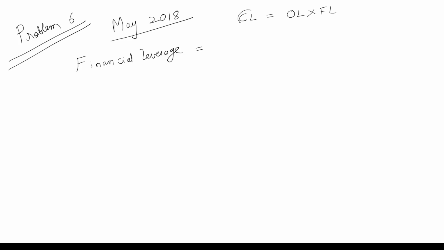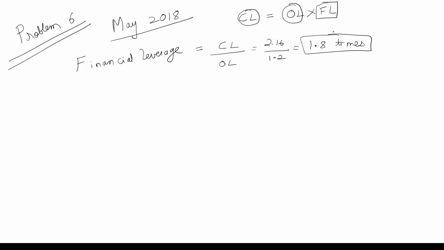So if I know my combined leverage and I also know my operating leverage, obviously I can reverse work and calculate financial leverage, which is what we are going to do here, because we know the combined leverage is 2.16 times and the operating leverage is 1.2 times. So let me reverse work and get my financial leverage. And I get that to be 1.8 times. This addresses the first part of the question, financial leverage.